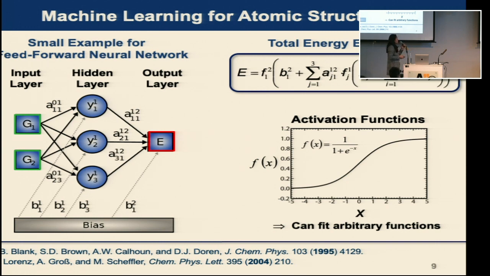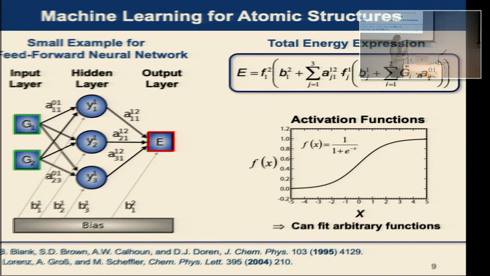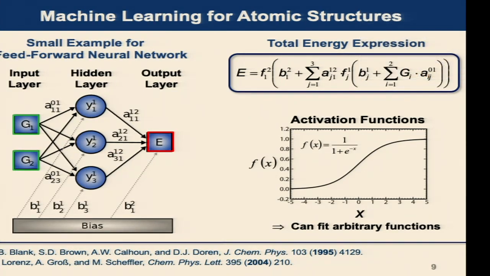On this slide, I'm showing a very simple feed-forward neural network. On the left-hand side here, there are 3 layers. The first layer is the input layer. The second layer is the hidden layer, and then the output layer.